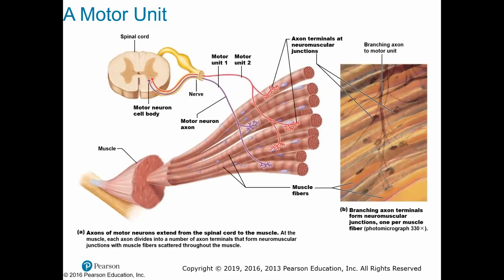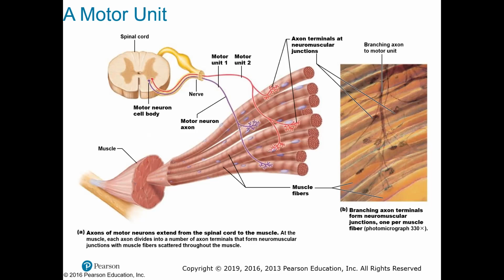So here's what we see. We see a neuron connected to an axon terminal at each motor end plate, and we can have up to 300 axon terminals on a neuron. We see these in the large muscles for posture, for example, or maybe our leg muscles, where we don't have to be that precise.